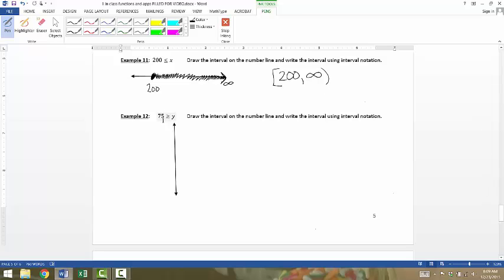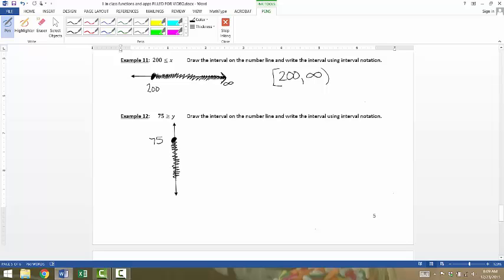All right, and then lastly, it says 75 is greater than or equal to y, or y is less than or equal to 75. Again, 75 gets a closed circle because it can equal it. It says y is less than or equal to it, smaller than or equal to it.